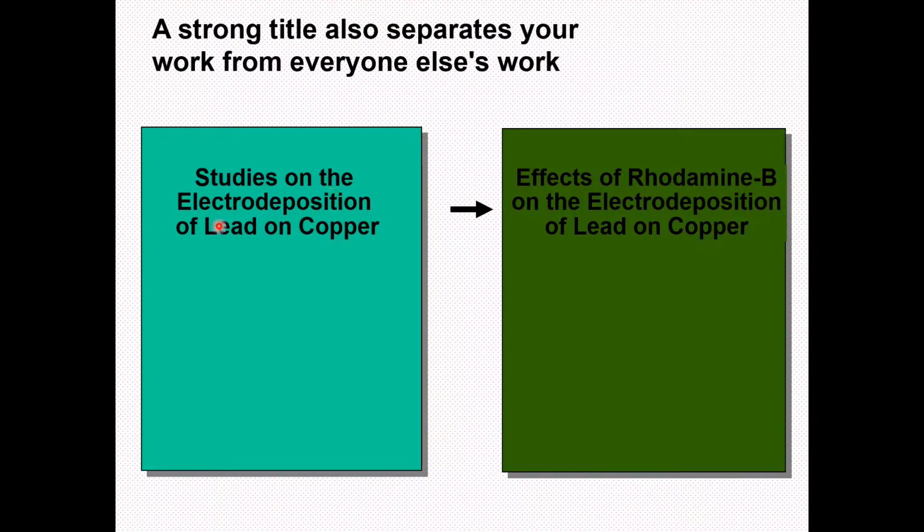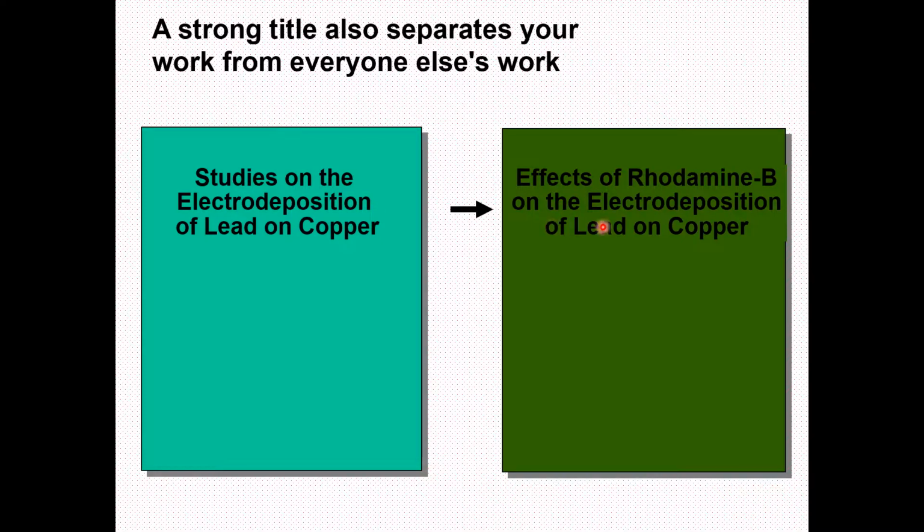In comparison, if someone has a modified title like this, effect of rhodamine B on the electrodeposition of lead and copper, it's more effective and more informative, and it will separate your document from the bunch of articles present on Google or other research databases.